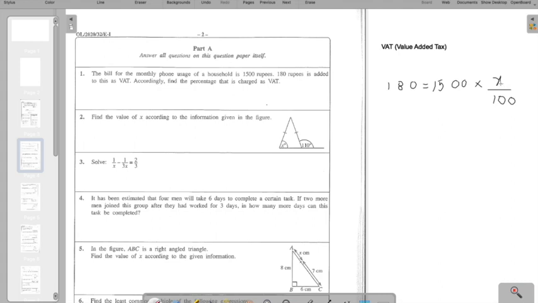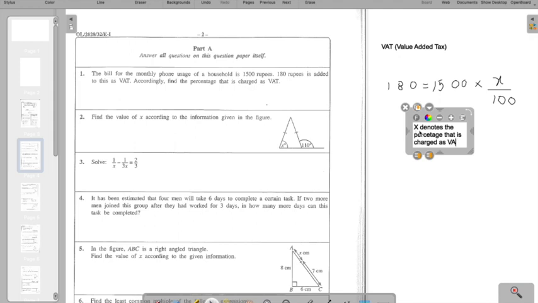So we denote the percentage as a parameter x, right? I will just write it here. x denotes the percentage that is charged as VAT.